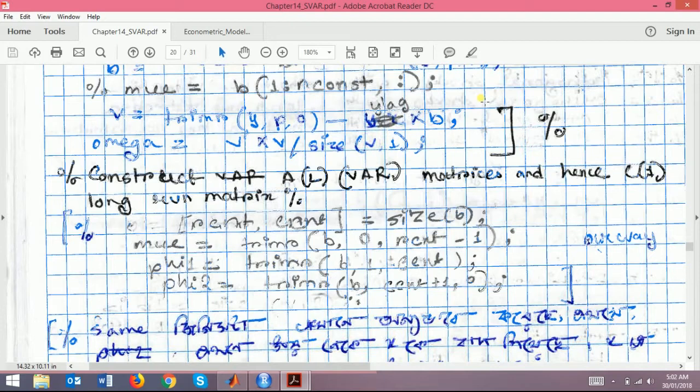If you have two variables, 4 square, 2 square, which is 4 into 2, 8 plus 1, 9. We must have 9 columns if we have two variables, of which the first is removed.